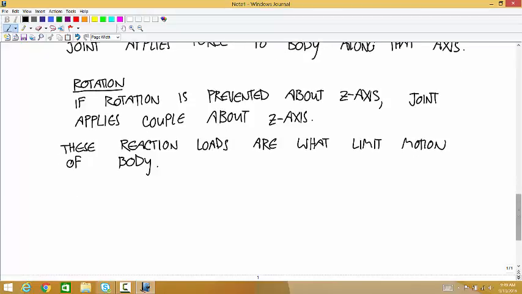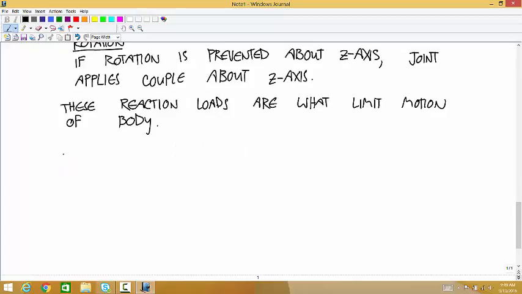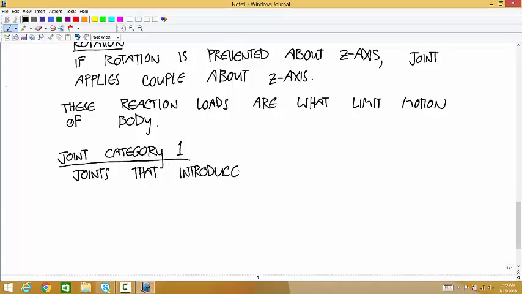Okay, so joint category 1. These are the joints that introduce one variable into the free body diagram.